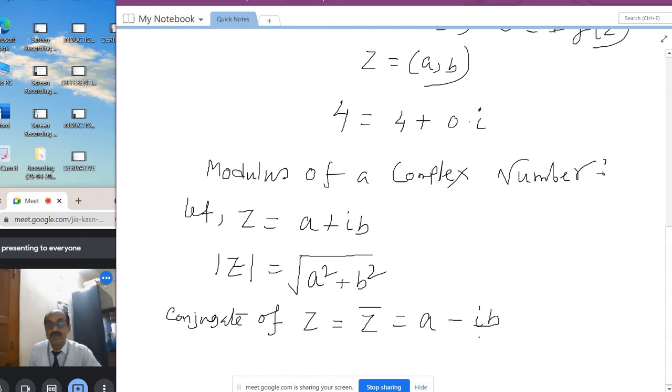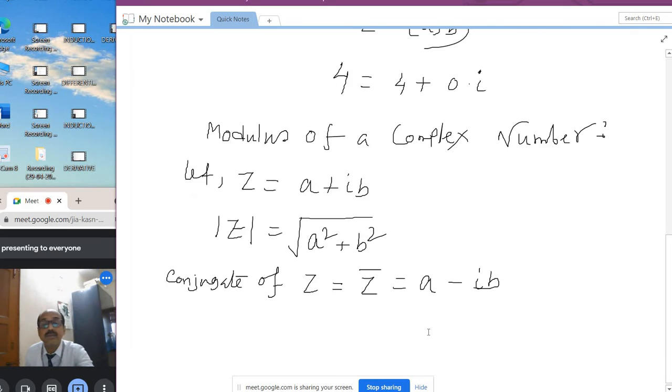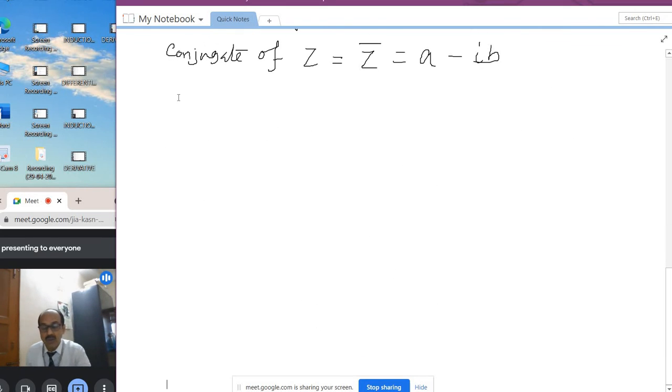Now, i equals under root minus 1. Okay. Then what is i square? i square equals under root minus 1 whole square, that is minus 1. i square means minus 1.